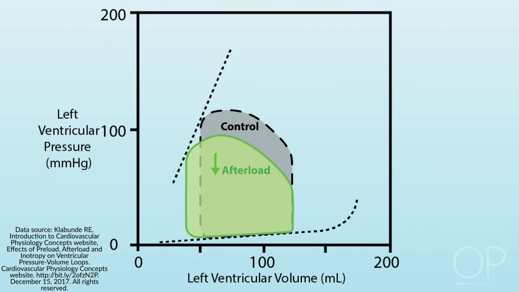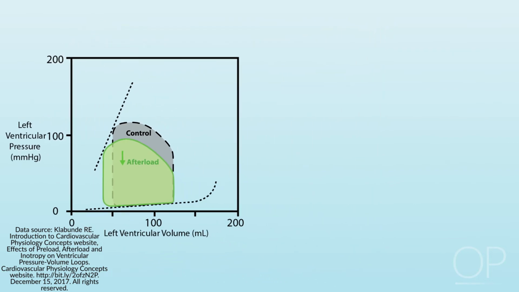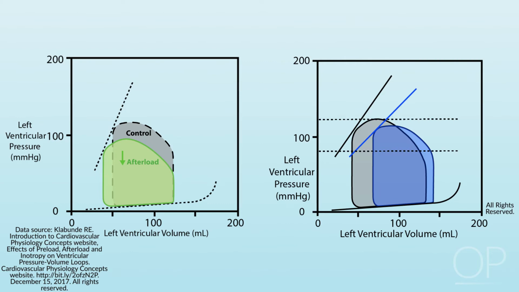So again, when we think about that, going back to our first diagram, if you decrease afterload, you're going to end up on a different part of the slope for the end-systolic pressure-volume relationship. So you can imagine going back one, if we look at the decreased inotropy, and then we imagine moving forward, if we decrease the afterload in a state of decreased inotropy, we could in fact end up with a relatively normal stroke volume.